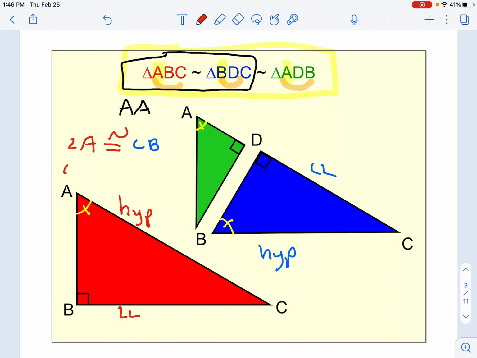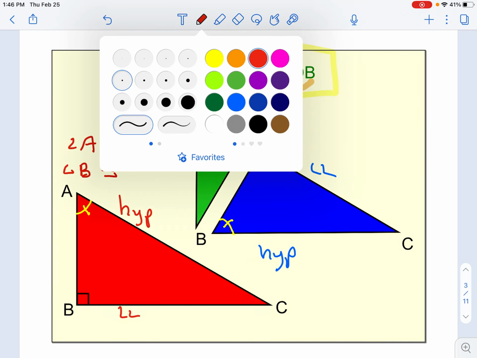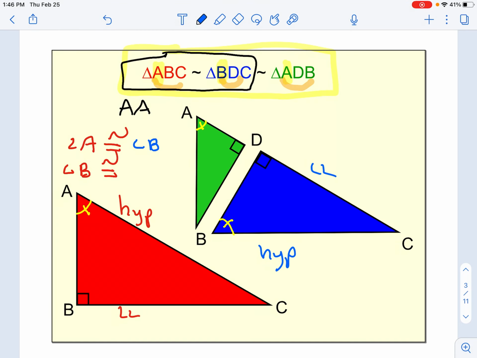So in the red triangle, that would be angle B is congruent to the right angle in the blue triangle, which would be angle D. Okay, so we can prove those two triangles are similar by angle similarity. Okay, so we could go through the same type of steps to prove the other two triangles, like the green and the blue, and the green and the red are also similar, but I'm not going to take the time to do that right now.